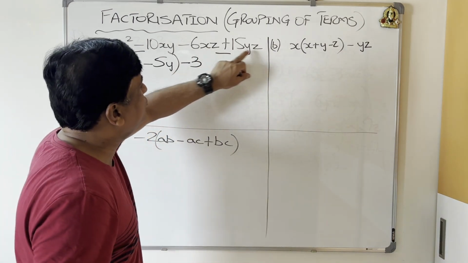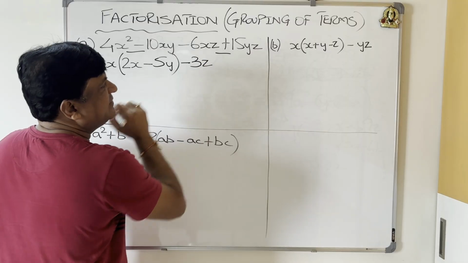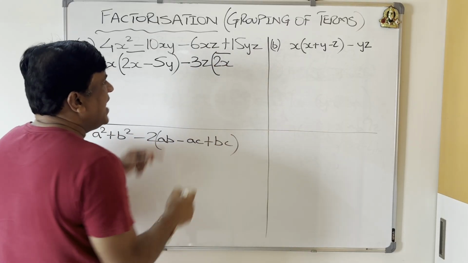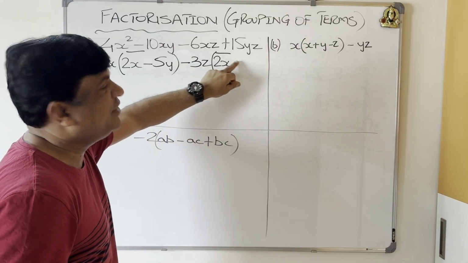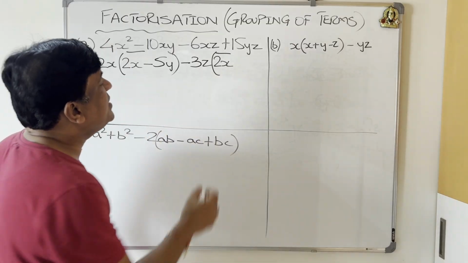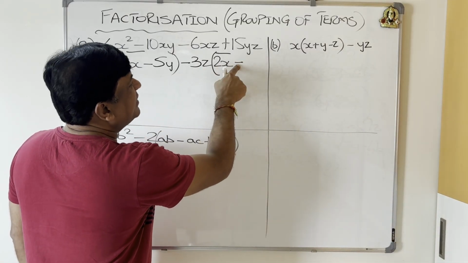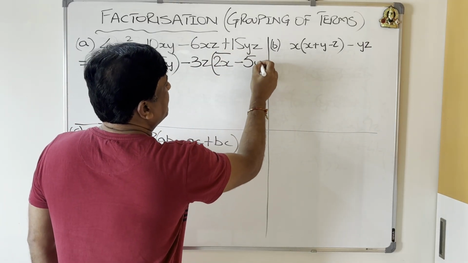And between these two, what is the factor you have? You have a z. I can take a z out. So what are you left with? You are left with 2x. And since you have taken a minus common, what should be the sign over here? This plus should be changed to minus, because when I open this bracket, minus times minus, I should get plus. Remember that one. So you're left with 5y.